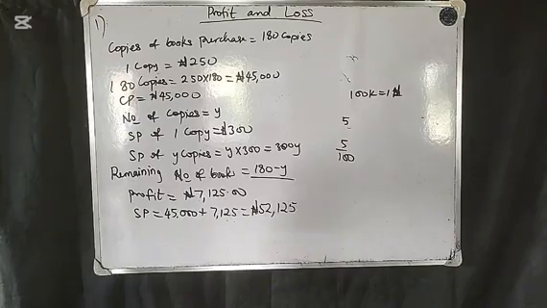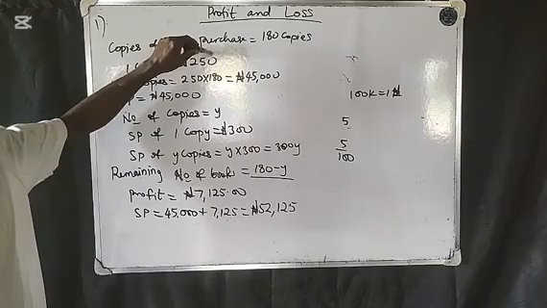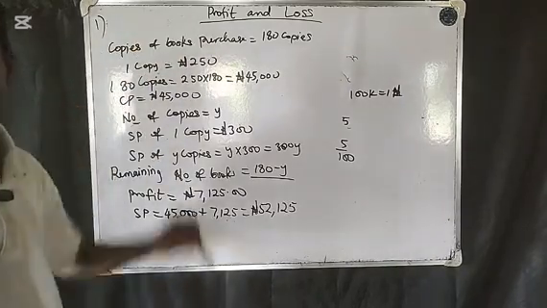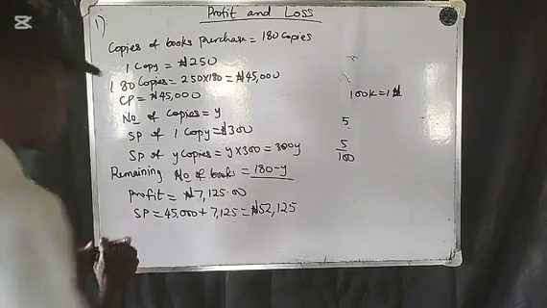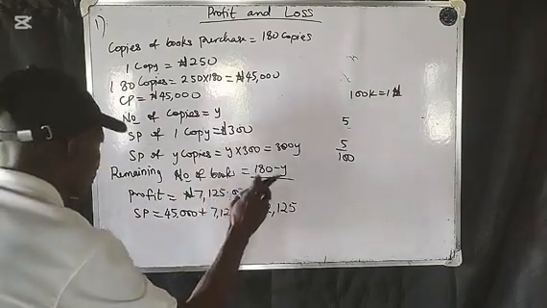Now, the cost price of 1 is what? 250, right? Are we together? And it's giving 5% away. So the remaining number of books is this, right?